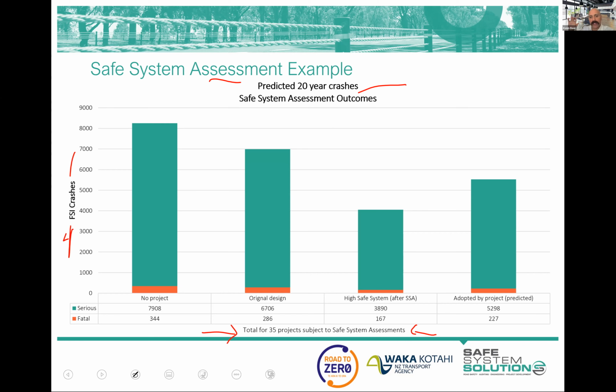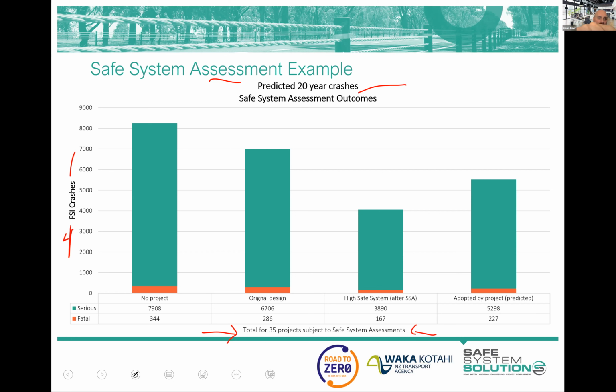And these 35 projects that were being assessed were massive projects. We're talking about whole town bypasses, major multi-$100 million project duplication projects, major freeway upgrades and that sort of stuff.